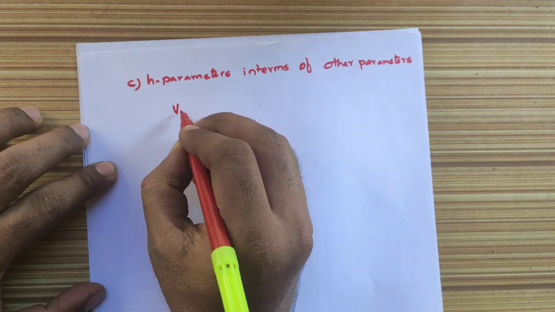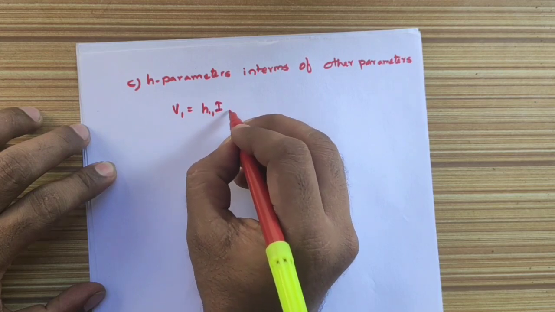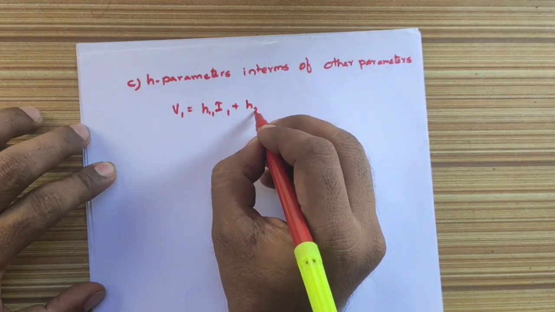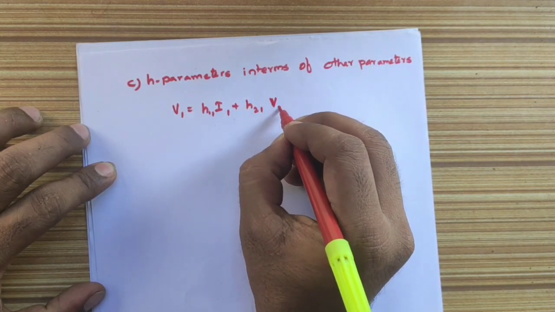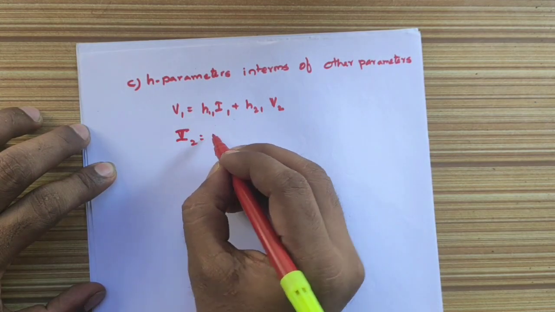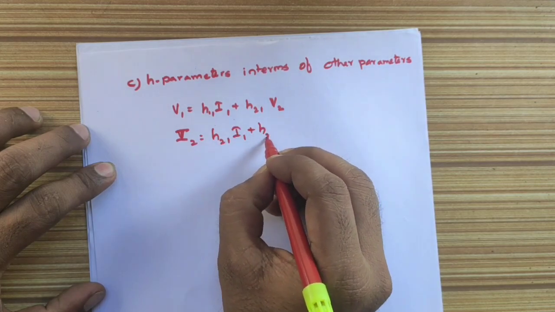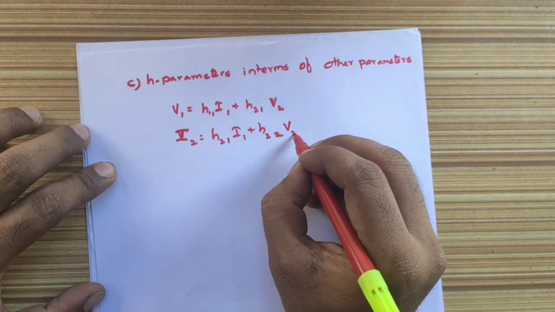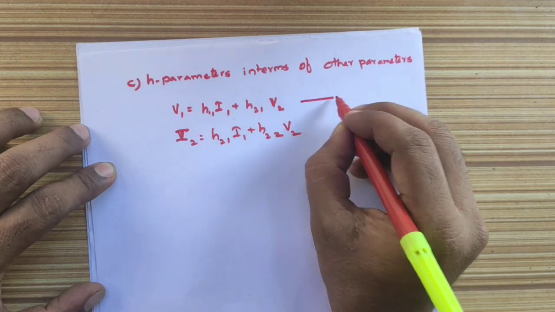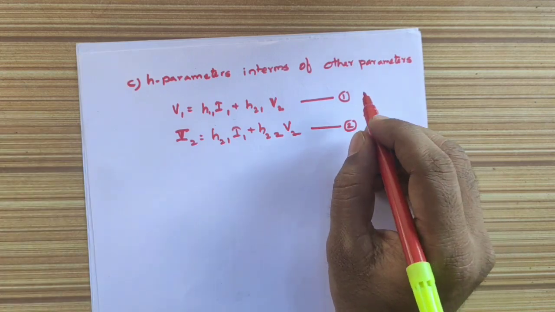They are nothing but V1 equal to H11 I1 plus H21 V2 and I2 equal to H21 I1 plus H22 V2. This is equation number 1 and this is equation number 2.